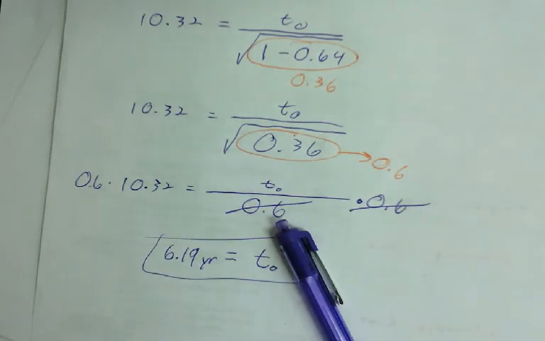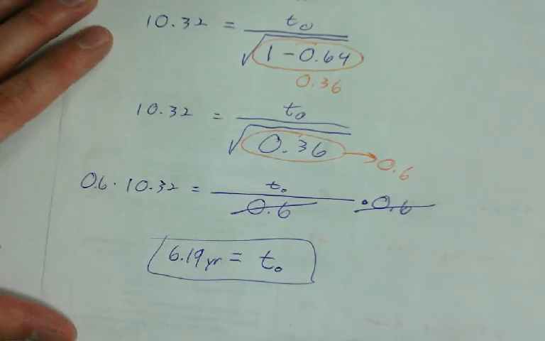Ron? You're right. It took both. It took 10.32 years and it took 6.19 years. That means I on the spaceship am 6.19 years older. Peeps on Earth are 10.32 years older. Okay? So that's how you go about setting up and solving these.